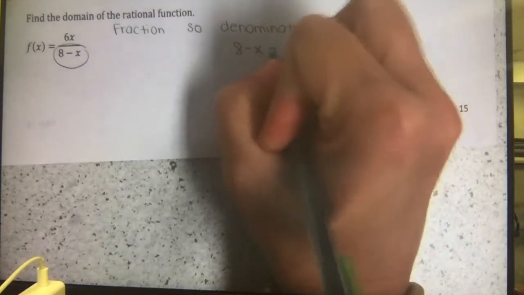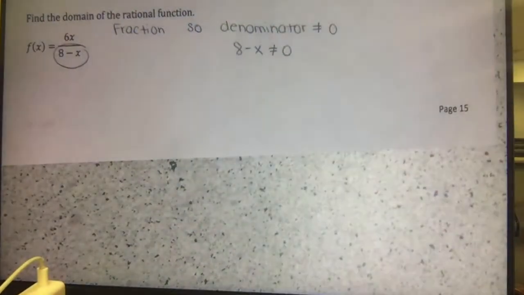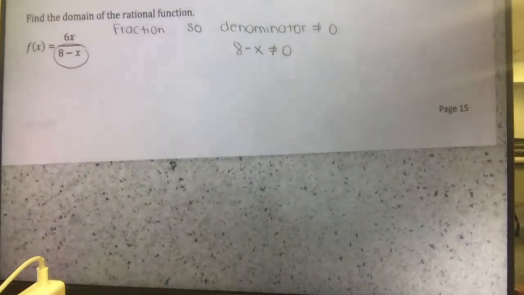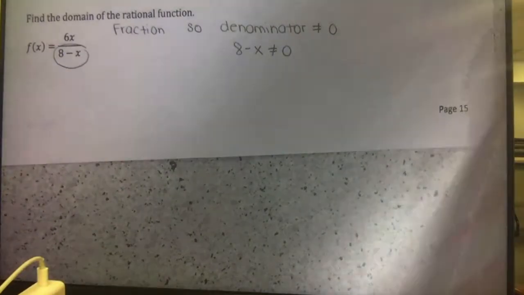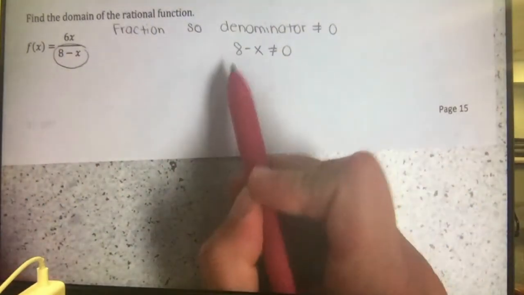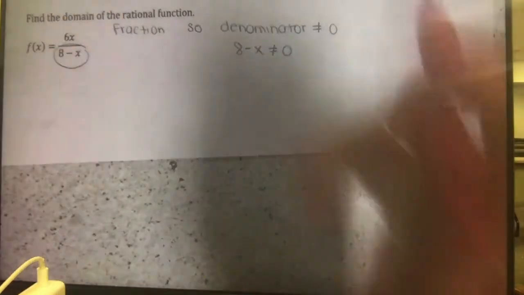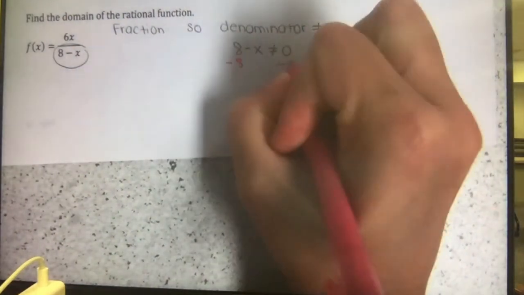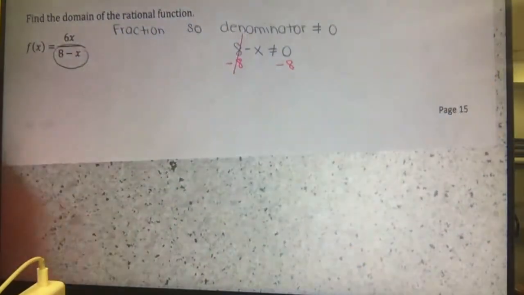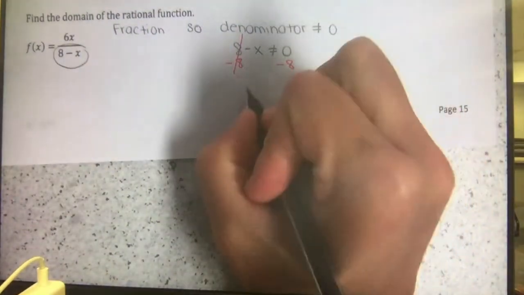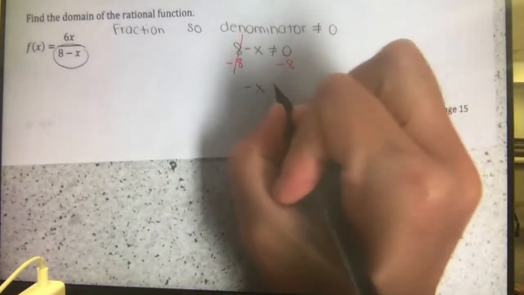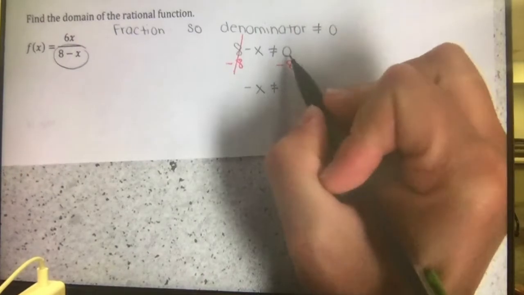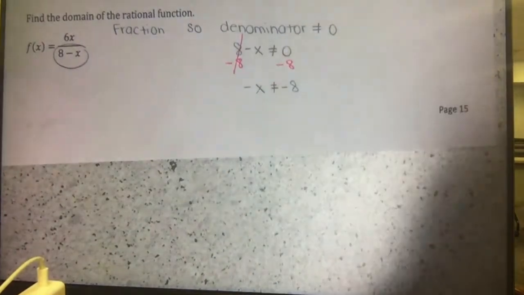Our denominator in this case is 8 minus x. So 8 minus x cannot be 0. Solving this, getting x by itself, I need to move this positive 8 over to the other side. So I can subtract 8 from both sides. That way 8 minus 8 goes to 0 and cancels out. We're left with negative x cannot equal 0 minus 8, which is negative 8.